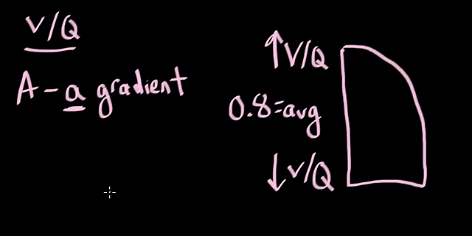But because of this physiologic VQ mismatch of 0.8 on average in the lung, because of gravity, there is a small physiologic difference in the AA gradient, and this is less than 10 millimeters of mercury for a healthy person. That's how we learned it in class.